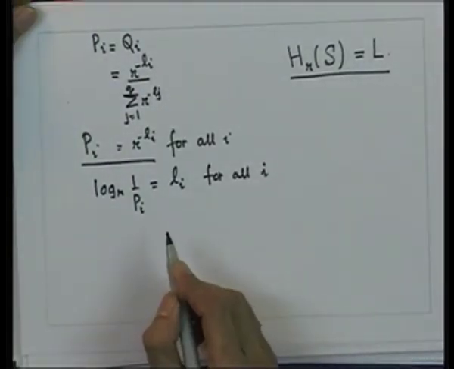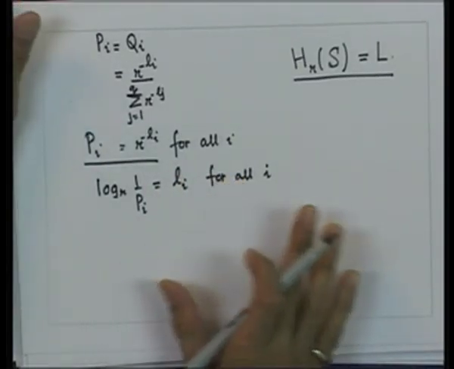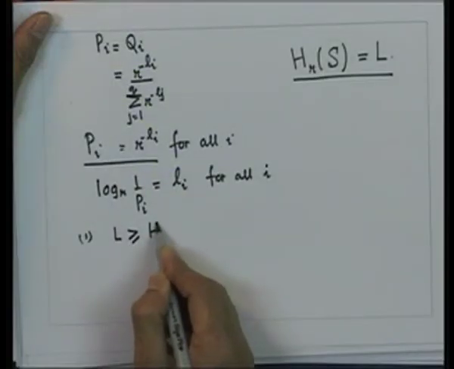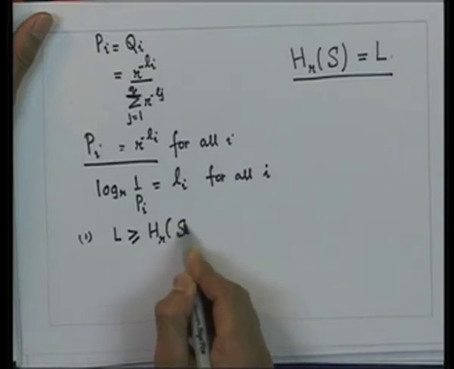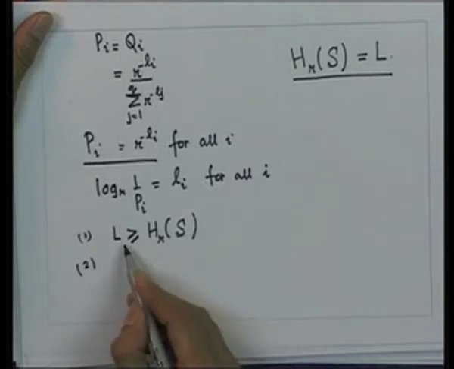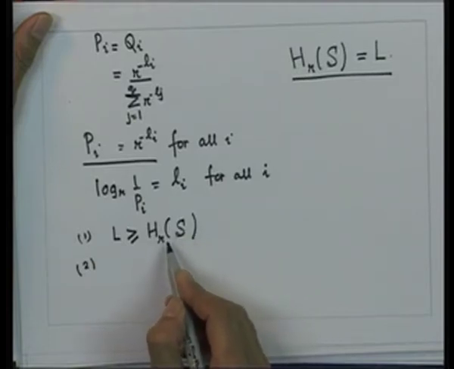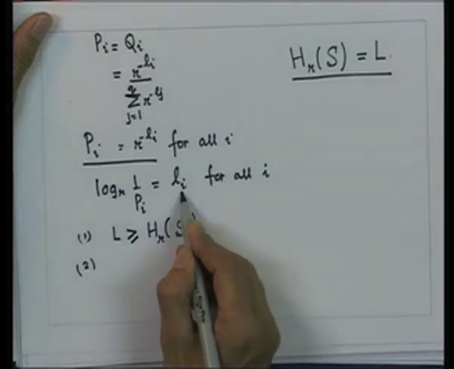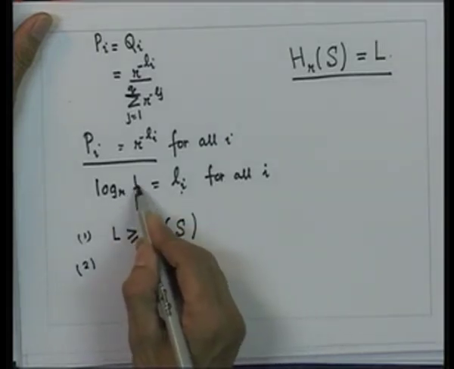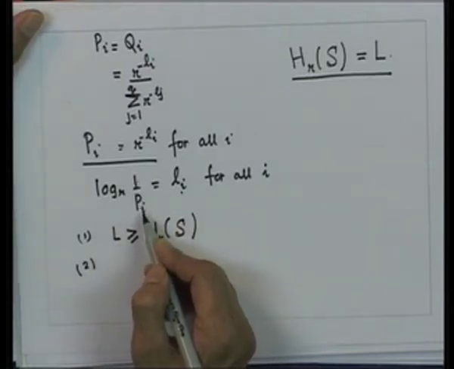Now, summarizing, for an instantaneous code and a zero memory source, we will always have L greater than or equal to H_R(S). Furthermore, L can achieve this lower bound of H_R(S) if and only if the code word length Li is equal to log to the base R of 1 by Pi for all i.